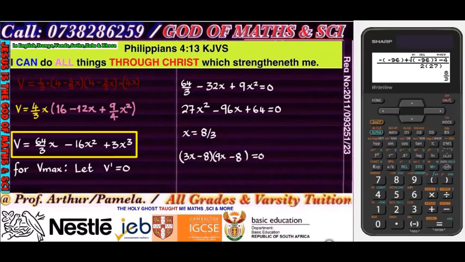So it looks like I was going to get x equals to 8 over 9. But let's just check. Let's just go back there and check it. Just change the sign. It should be minus here. Yeah, there it is, 8 over 9.